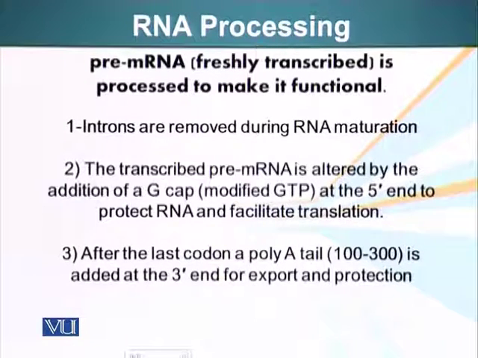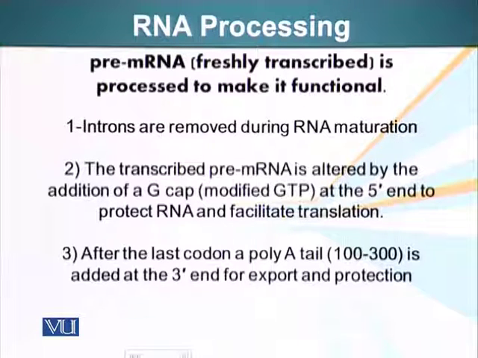It has to go through processing before it can be exported from the nucleus and then recognized by the ribosomes, and ultimately the message in the messenger RNA can be translated into functional proteins.